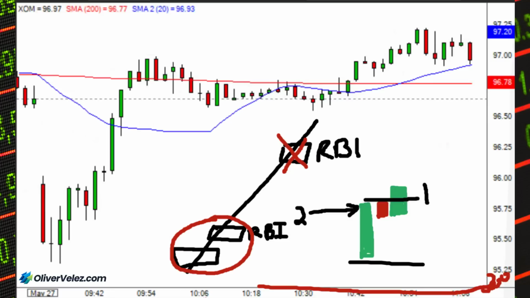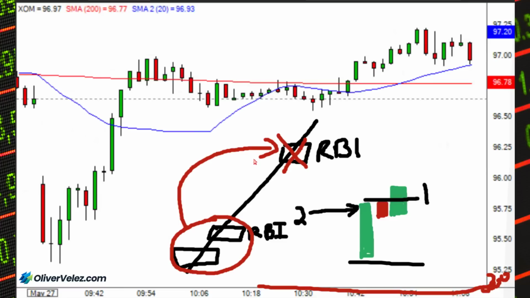So it's preferable that your add is higher than the original entry, but not too separated. You see, this is too separated. You got it? So this idea of only adding after you take profit is wrong. I'm telling you that's wrong.